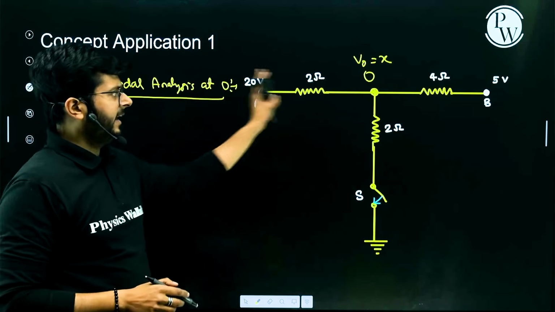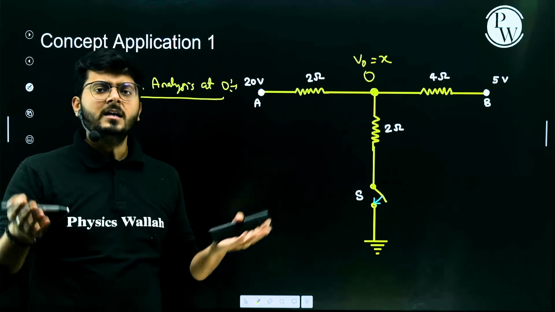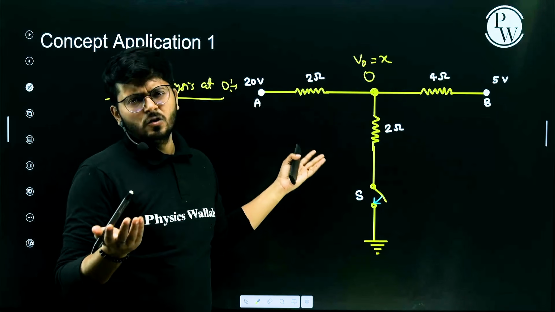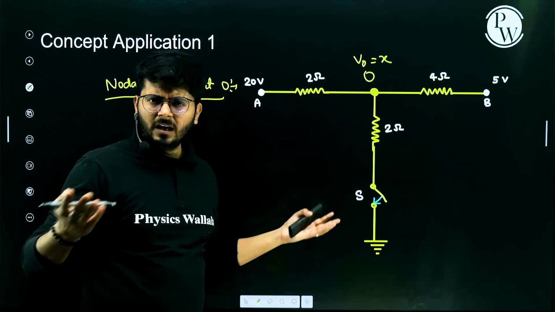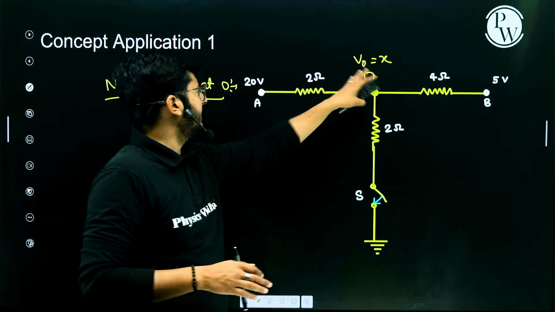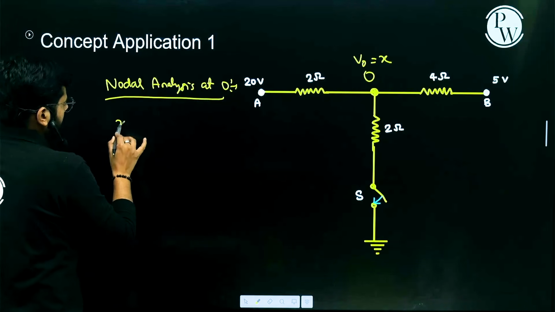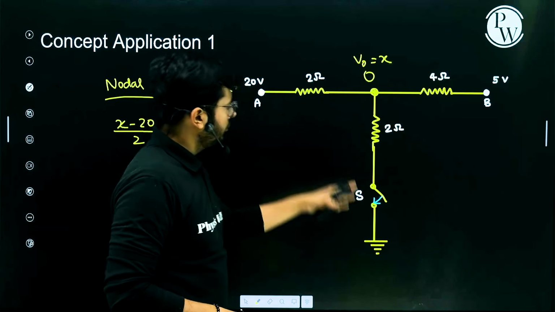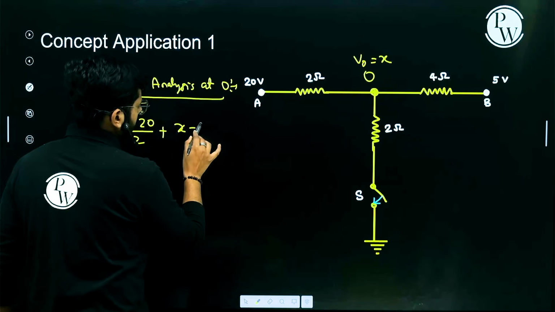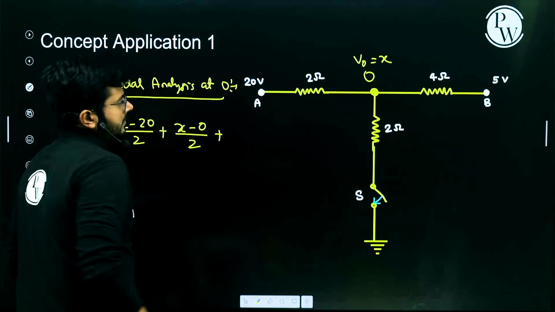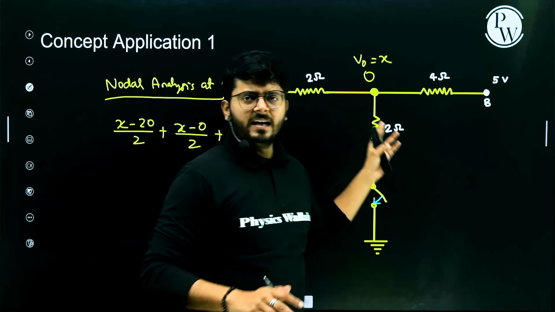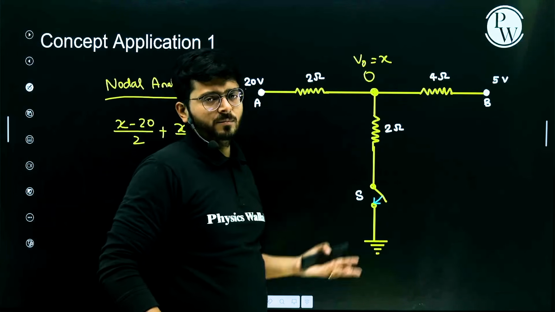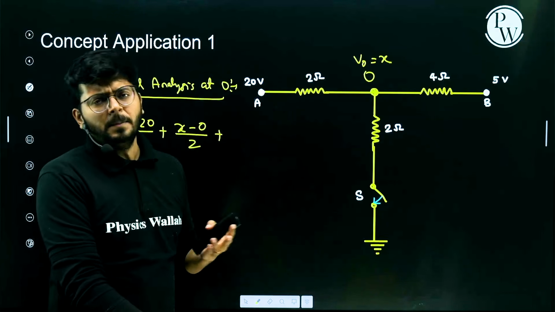So we can say the current entering is going to be the same as the current leaving, or the summation of all the currents is going to be 0. Right now we are not assuming the direction of current, so without being careless, we can just write x minus 20 upon 2 plus x minus 0 upon 2, and then x minus 5 upon 4, potential difference upon resistance.